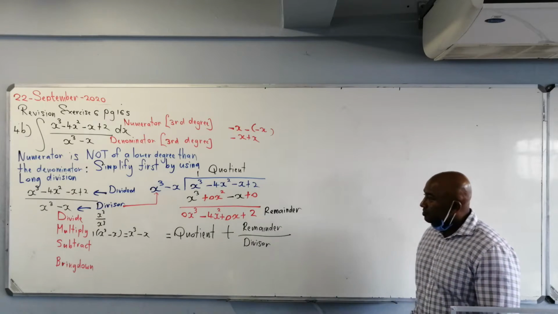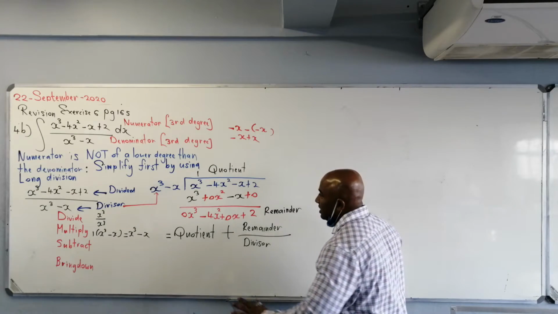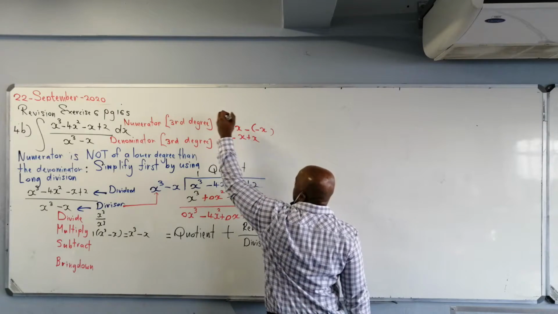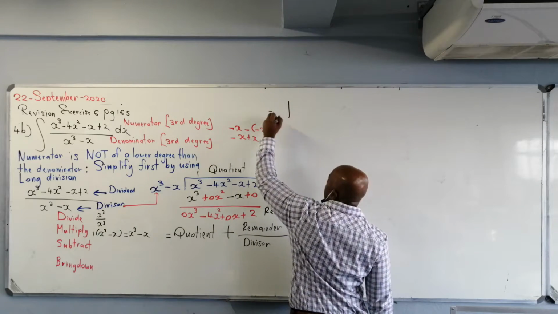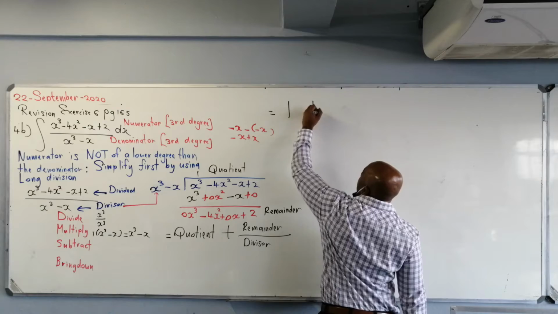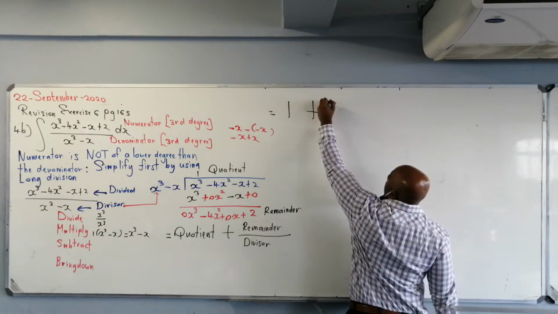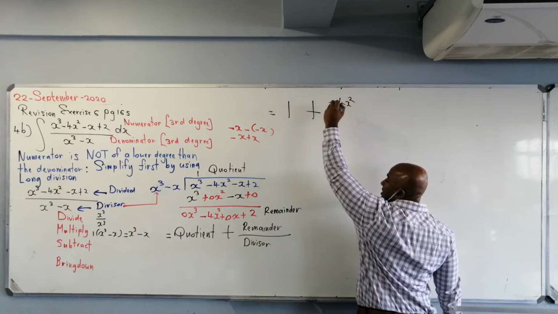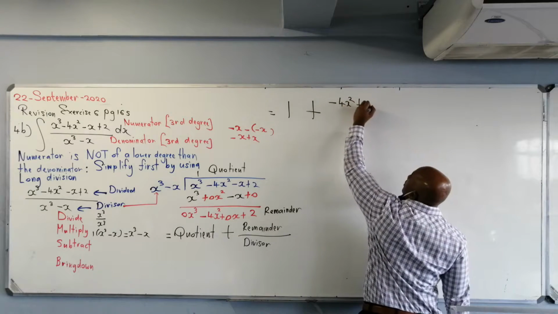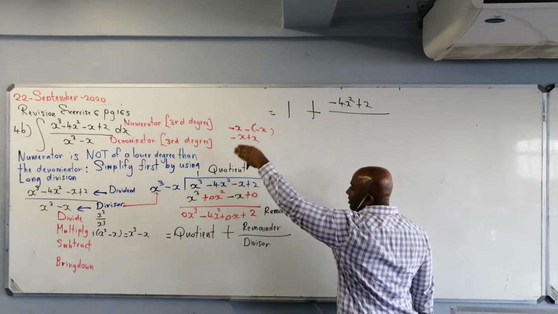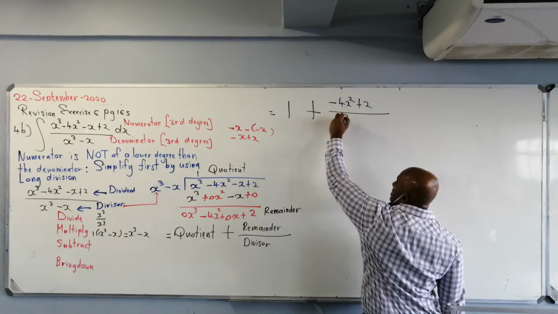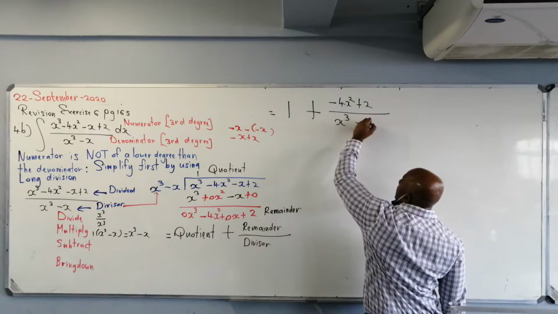Okay. So what just happened here? So this is equal to now 1 plus what we have, the remainder, which is minus 4x squared plus 2, all divided by x cubed minus x.